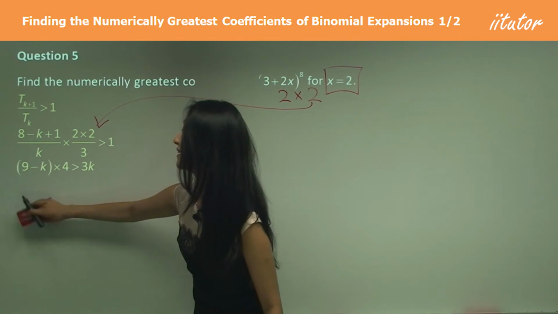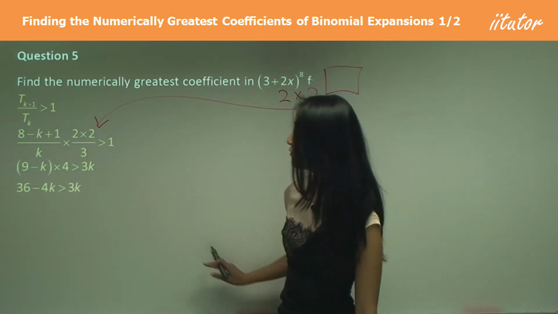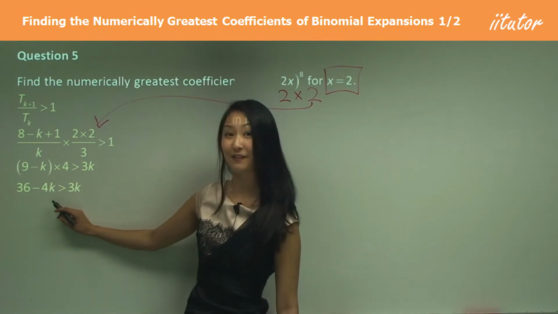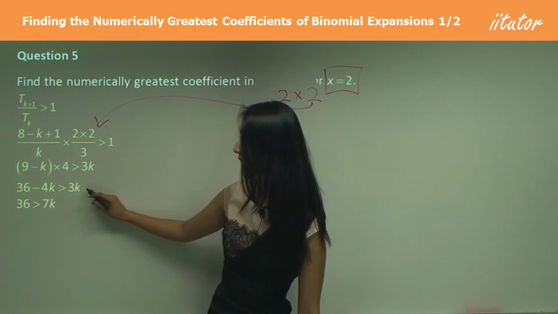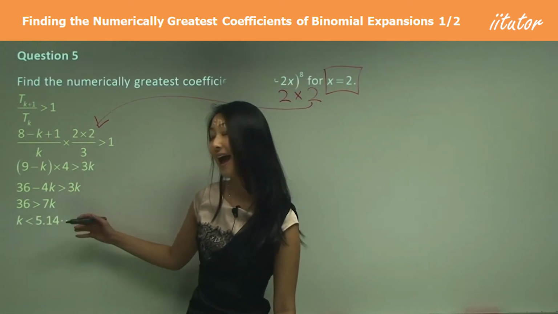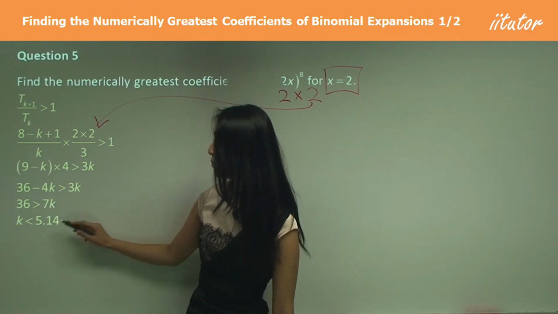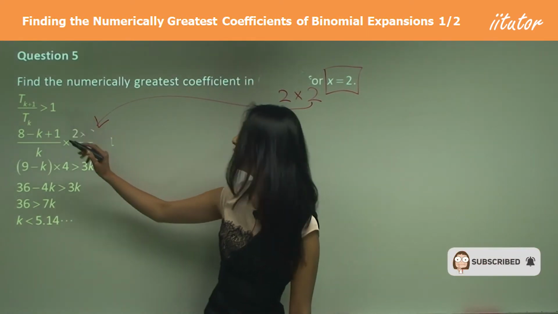Now we just want to expand that. So 4 times 9 gives us 36, 4 times -k is -4k. Add that to that side, it becomes 7k. Divide both sides by 7, and you get that k is less than 5.14 for this to be true.